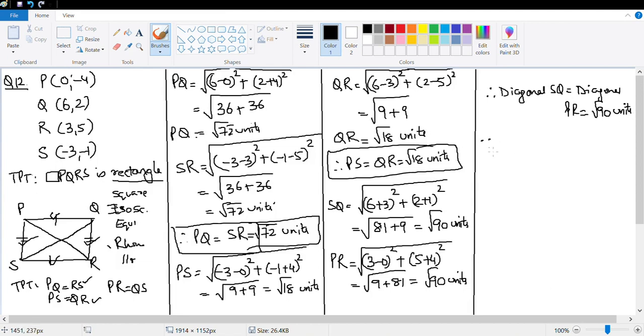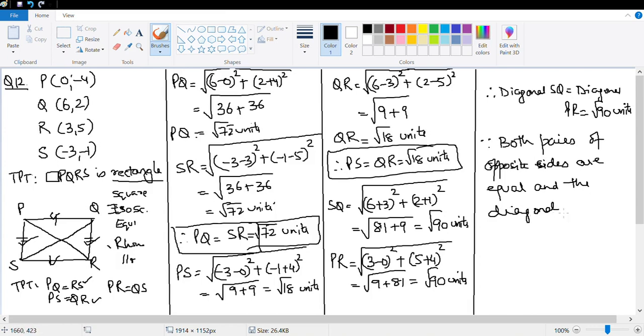So writing the reason is important. Since both pairs of opposite sides are equal and the diagonals are also equal, therefore quadrilateral PQRS is a rectangle.